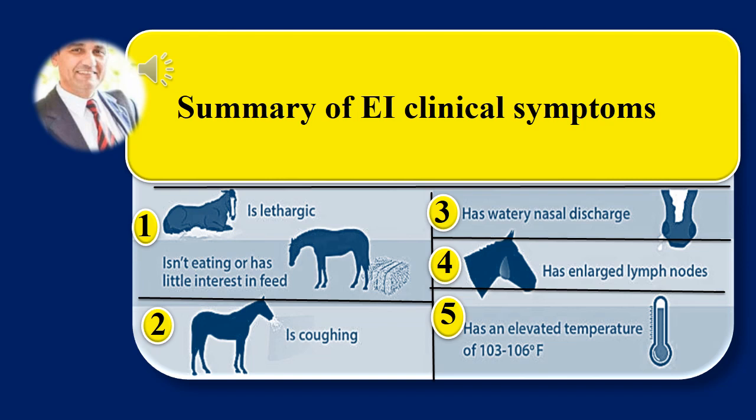The animal is lethargic, not eating or with little interest in feed, has husky coughing, has a watery nasal discharge, enlargement of lymph nodes, especially the intermandibular ones, and is feverish with elevated temperature reaching 103 to 106 Fahrenheit or 40 to 41 centigrade.